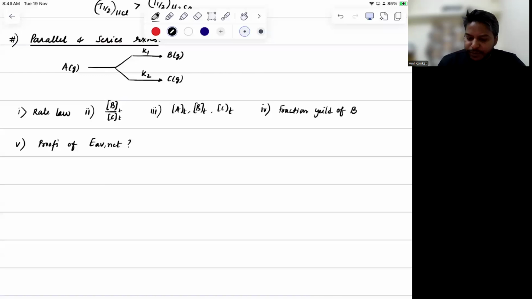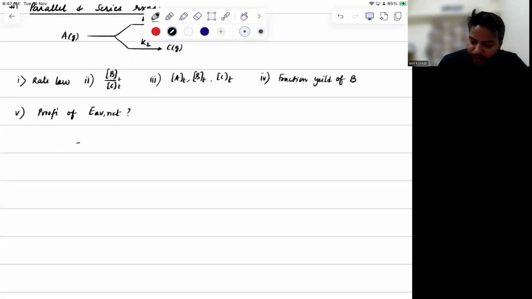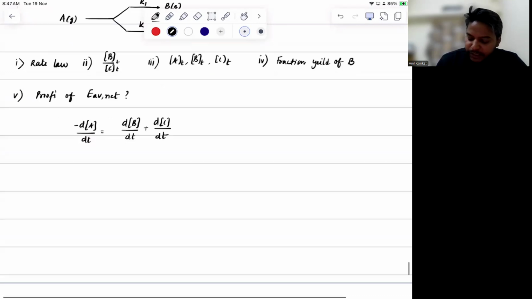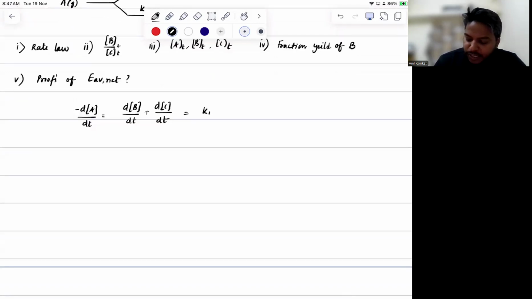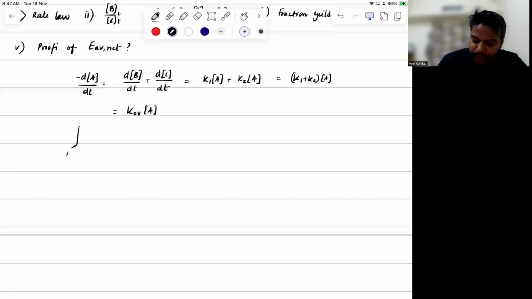First, we should be able to figure out that the rate of change of A is reflected as the sum of the rate of change of B plus the rate of change of C. This can be written as: rate of change of B is coming from A, so K1 into A, and this will be K2 into A. In short, it is (K1 plus K2) into A. I will use this K1 plus K2 as K overall, so K overall into A. Now, if you integrate this from A naught to At, with minus dA by dt equal to K overall into A, this is simple first order kinetics.